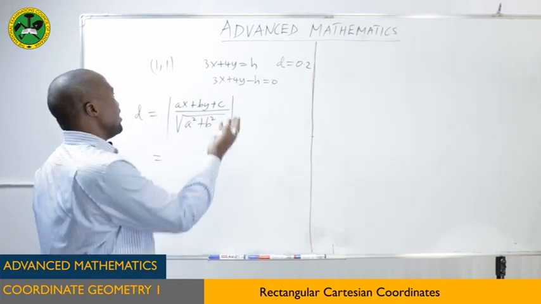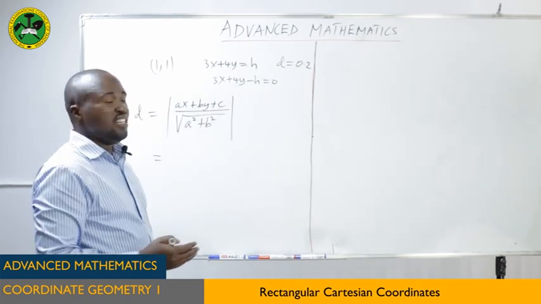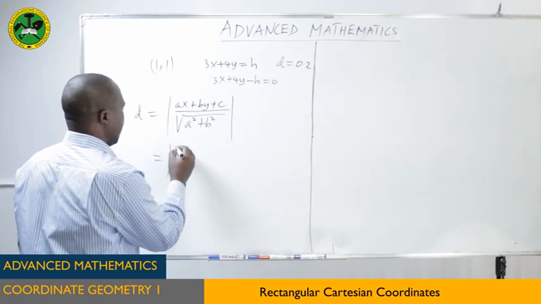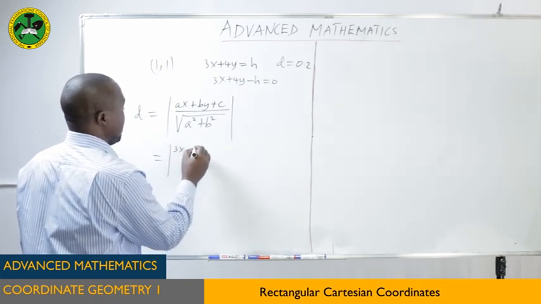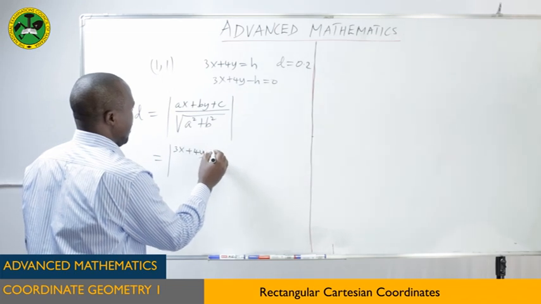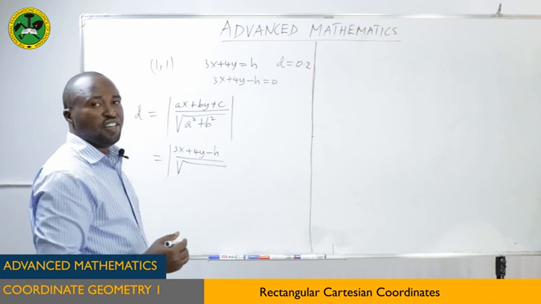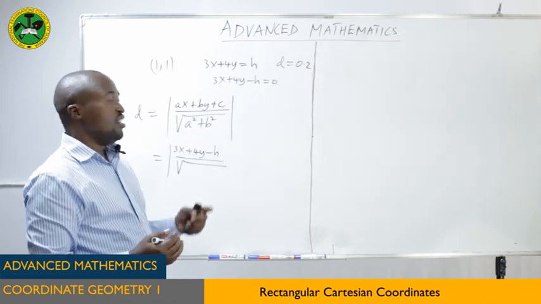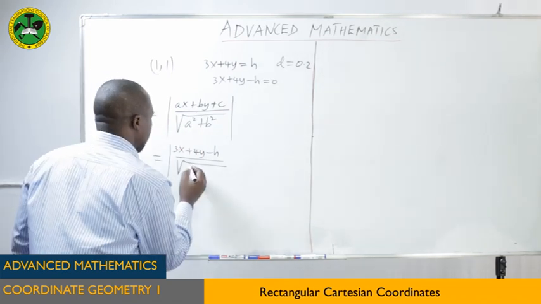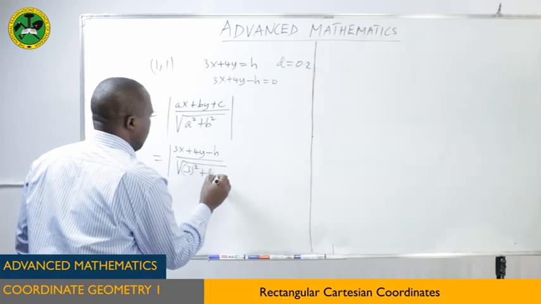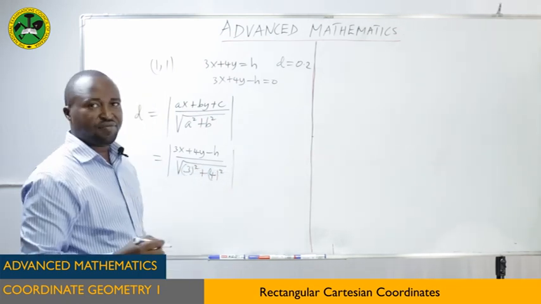We substitute this into our general formula: the absolute value of 3x plus 4y minus h over the square root of a squared plus b squared, that is 3 squared plus 4 squared.